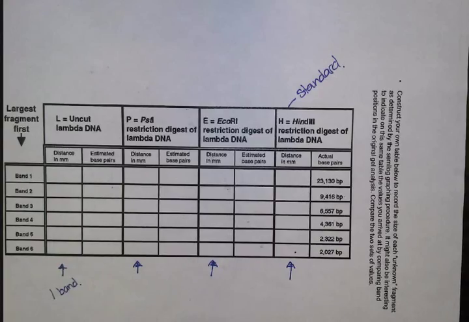You are not going to have 6 different bands for every single restriction enzyme, but there were 6 that should show up, hopefully, if we put enough DNA into the standard.